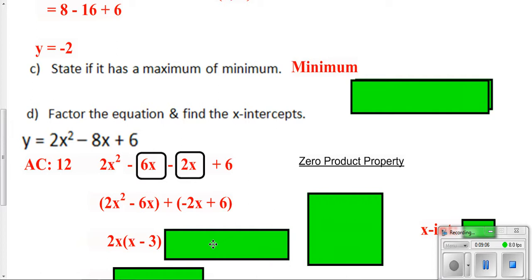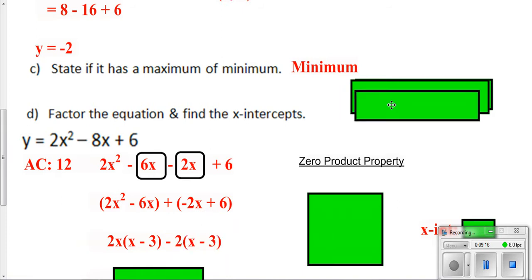When I factor out 2x, I'm left with x minus 3. Our whole goal is to get this to be x minus 3. They need to be identical. So I factor out a -2. When I factor out -2, I wind up with that x minus 3. And another way to check is go ahead and distribute this -2 back in. -2x and a +6 is what we had in that previous problem.